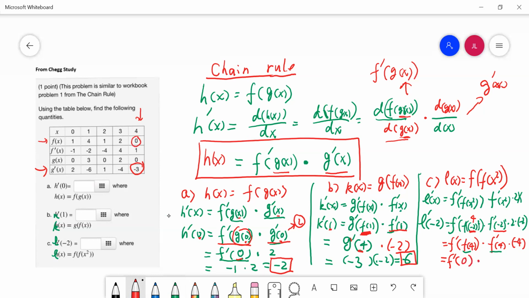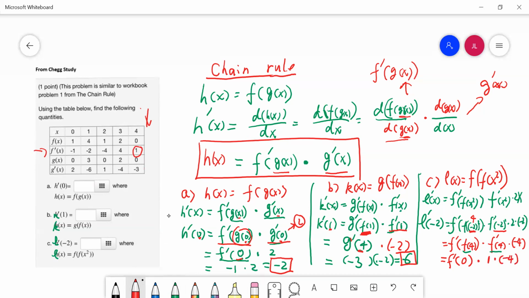Then times f derivative at 4, which will be 1, times -4.